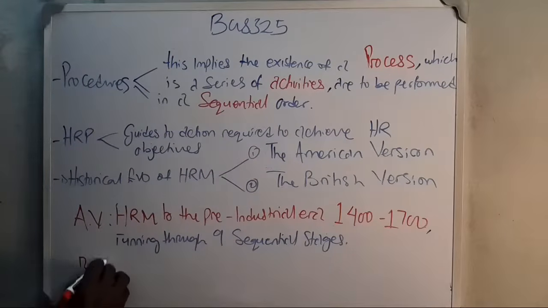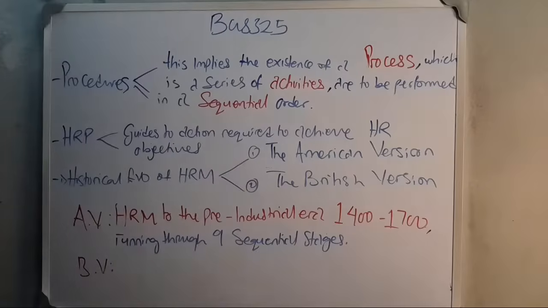The British version has nine sequential stages: the Industrial Revolution, the factory system, capitalism, industrial psychology, World War I, personnel administration, the Golden Age, and the emergence of contemporary HR management.